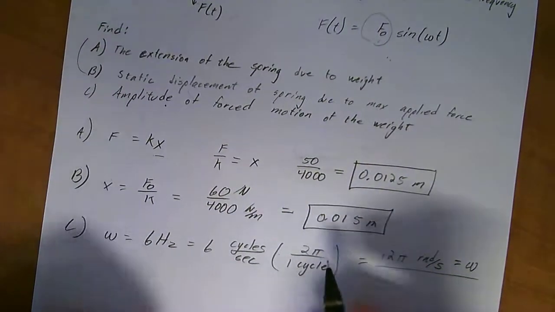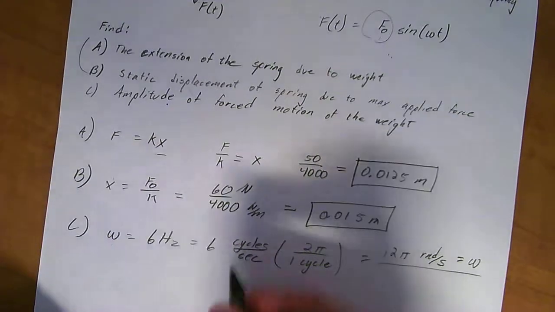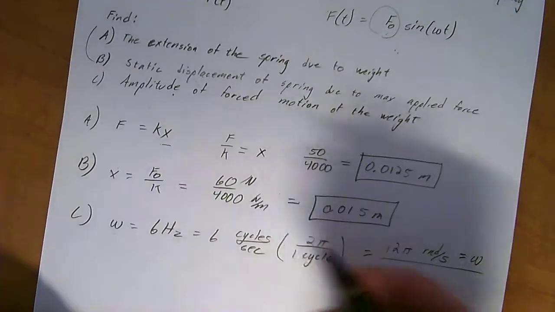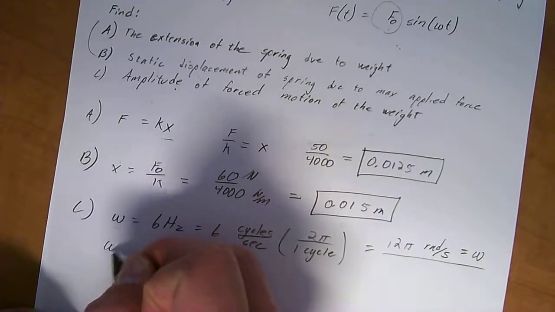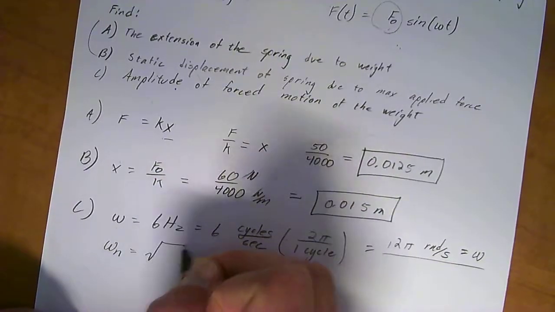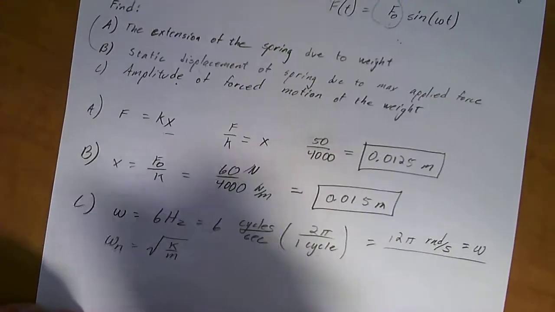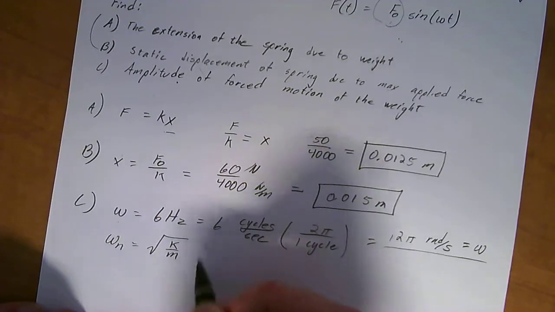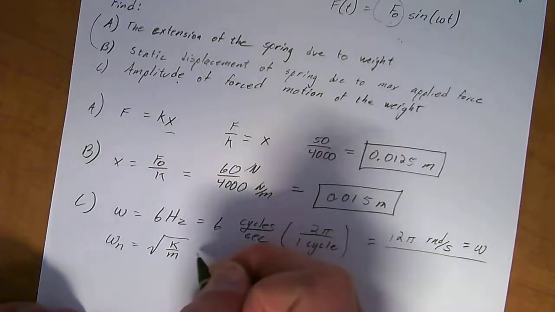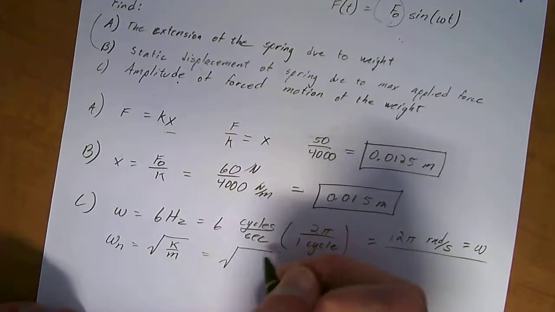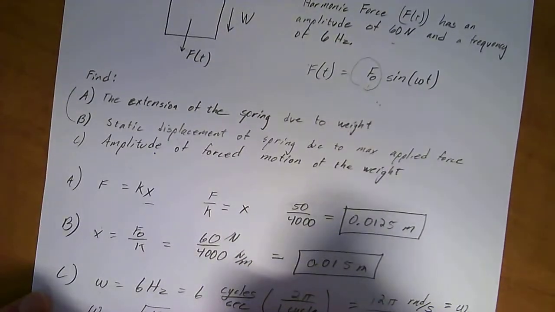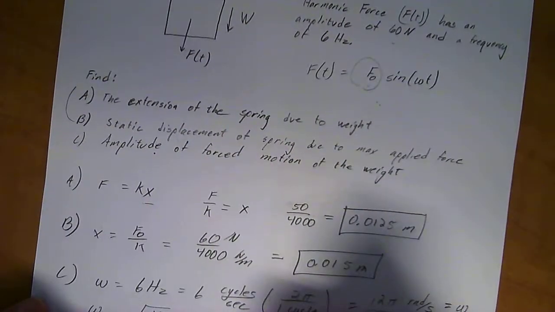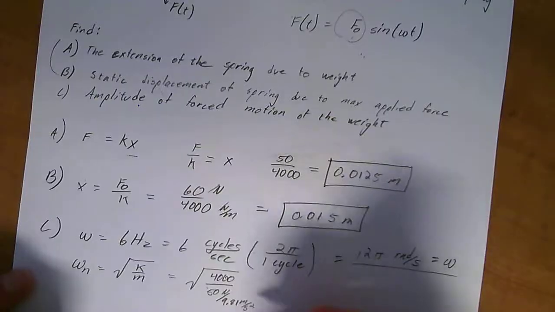Now we need to find omega n, the natural frequency of the system, without any of the forcing functions on it. So omega n is equal to the square root of k over m. We have k, we can get m from the weight, so this is going to equal the square root of k, which is 4,000, divided by the weight, 50 newtons, divided by 9.81 meters per second squared.